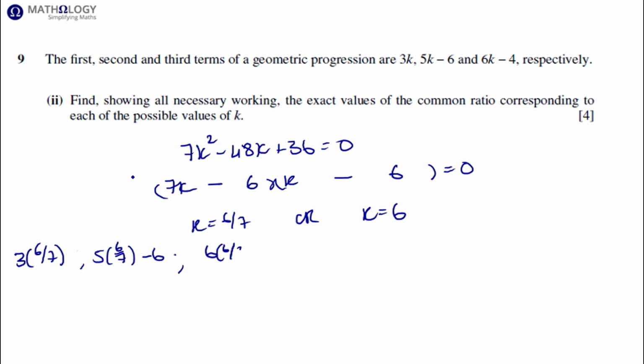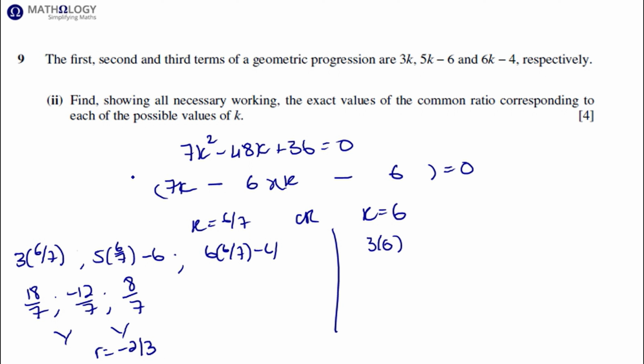Common ratio between successive terms will be minus 2/3. And the second sequence will be, the first three terms at least, 3 times 6, 5 times 6 minus 6, 6 times 6 minus 4, so 18, 24, 32, and the common ratio is 4/3.